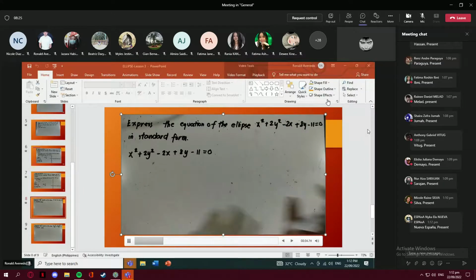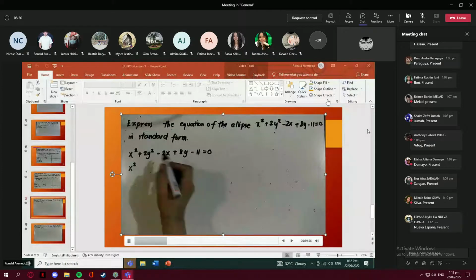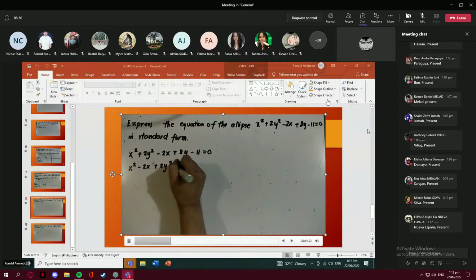So we have x squared minus 2x plus 2y squared plus 8y is equal to 11.